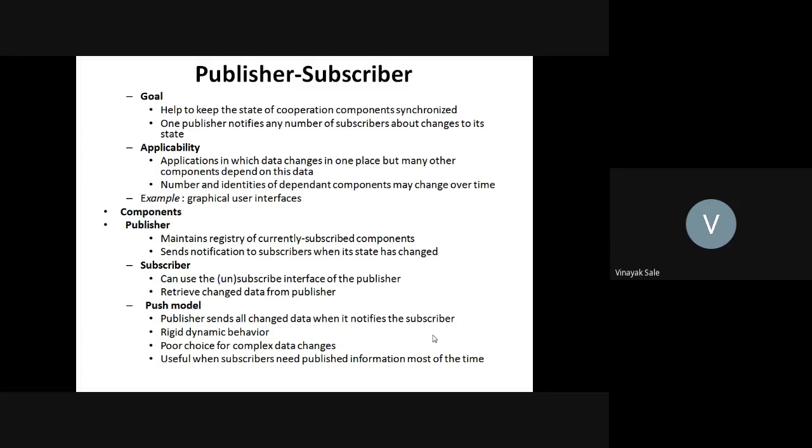Then the push model: the publisher sends all changed data when it notifies the subscriber. Rigid dynamic behavior, a poor choice for complex data changes, useful when subscribers need published information most of the time.